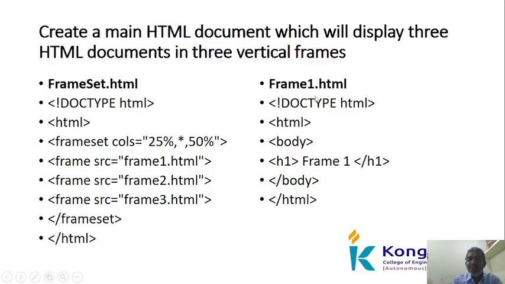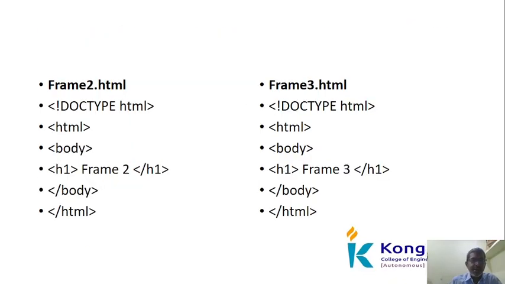Next is frame1.html. The same thing: document type, and then HTML body. Within the body, I define frame one, which consists of heading number one, h1. Next, frame two: the same thing, document type HTML, and then body with h2 as frame two. Likewise, frame three also.